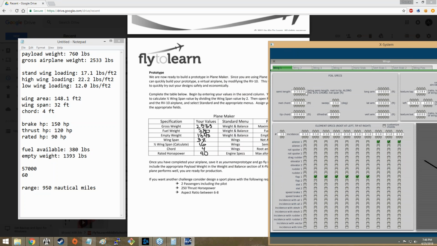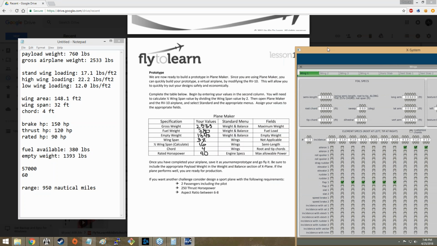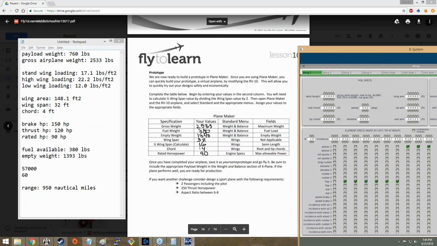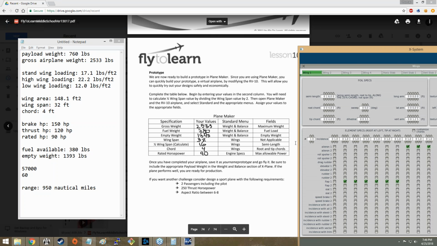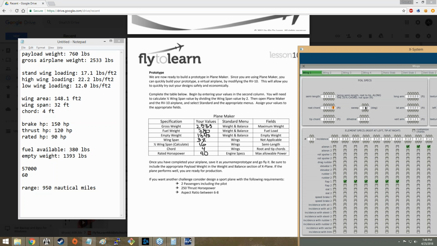They're right next to one another. Half the wingspan is 16, so that's going to go into semi-length, 16.00. Then the root and tip chords are each going to be 4 feet even. And then we'll be done with wings there.